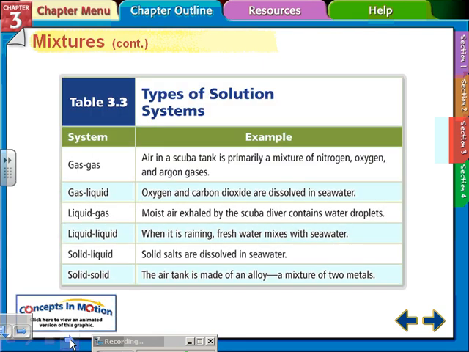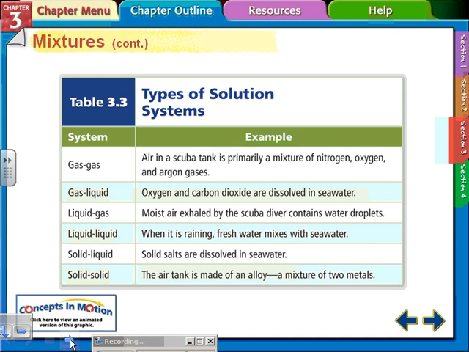So here are some examples of some types of solution systems. You can have gas-gas mixtures, gas-liquid mixtures, liquid-gas, liquid-liquid, solid-liquid, solid-solid. Normally you think of, okay, I dissolve a solid in a liquid and that's a mixture, like sugar dissolves in water. Well, that is one type of mixture, but you can also have a lot of different types of mixtures.